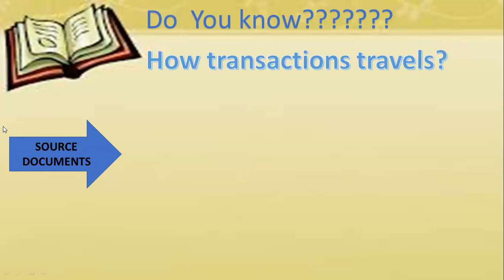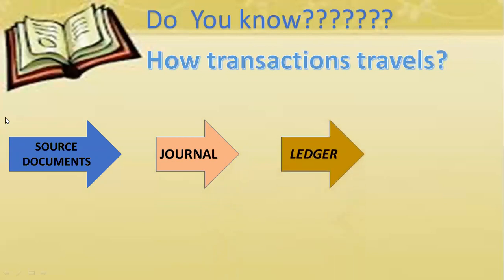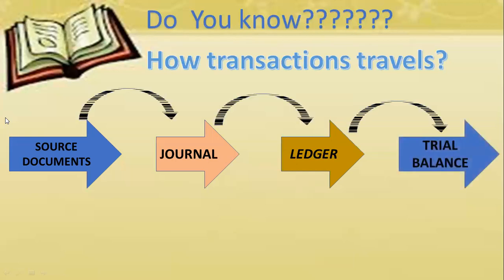These are then posted in the journals. After posting the transactions into the journal, those entries are to be posted into relevant ledgers. Thereafter, the balances drawn, either debit or credit, have to be entered in the trial balance.